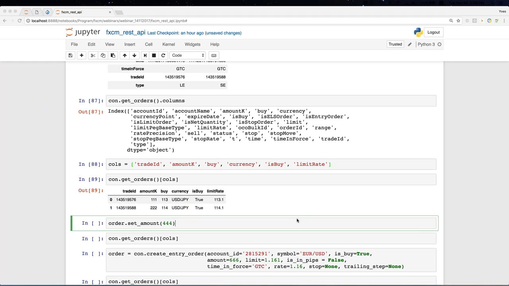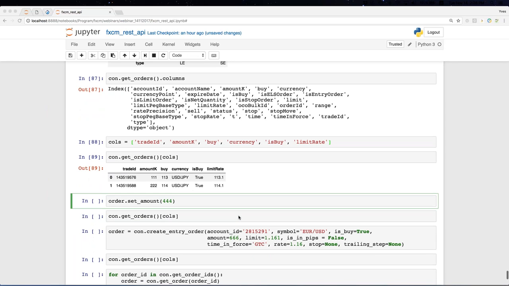Stop loss, I'm not going to illustrate so far. I'm just illustrating entry orders as I'm now showing, as well as stop orders, as well as the market orders previously. Once again, we unfortunately cannot cover everything that the API can do. This is well too much.